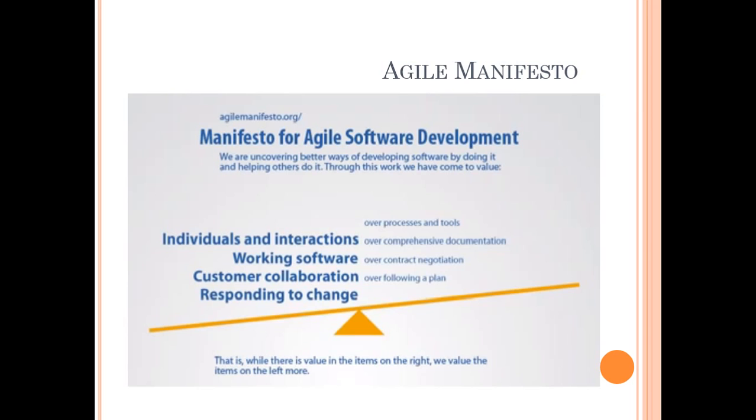Then customer collaboration over contract negotiation. What happened in earlier releases or waterfall is, once we got the requirements from the customer, we created one design, then we defined what requirements we were going to implement, what the features would be, and our legal and sales team went ahead with the contract that these features will be delivered after a certain duration of time.